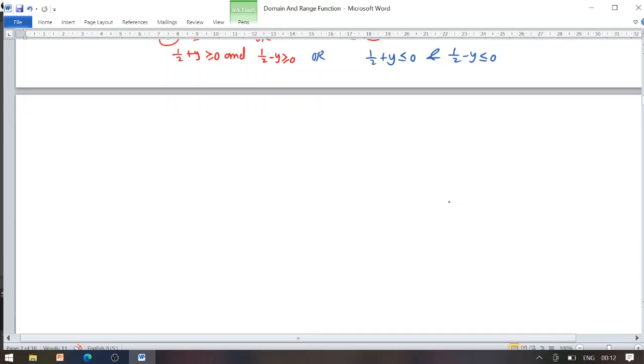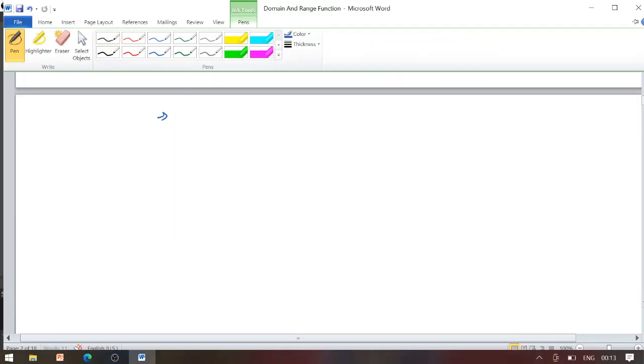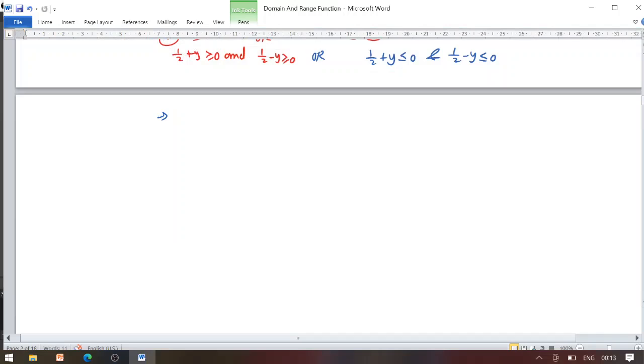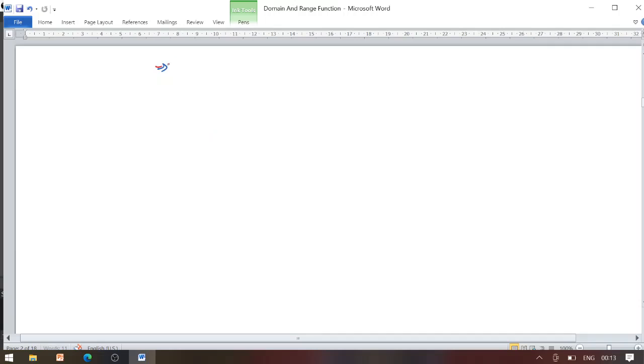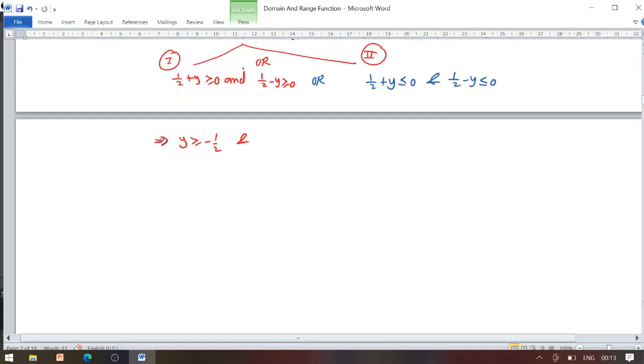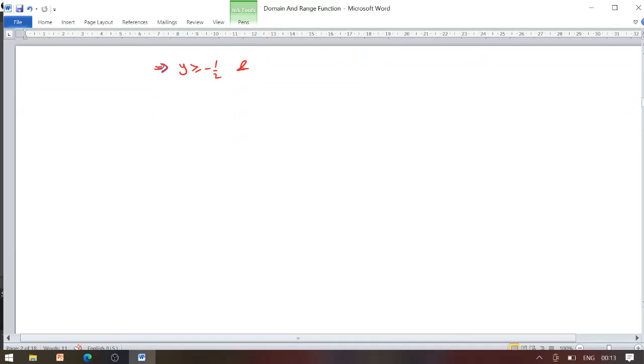Once 1/2 + y ≥ 0, that implies y ≥ -1/2, and once 1/2 - y ≥ 0, that implies 1/2 ≥ y, that is y ≤ 1/2. So to consider their intersecting part, because of the word 'and', let us consider a real number line.